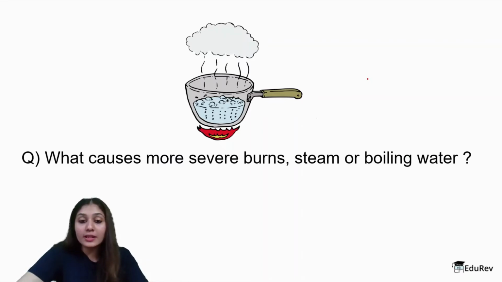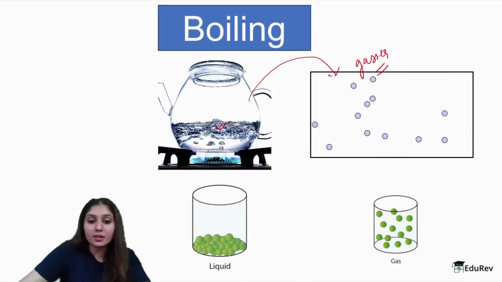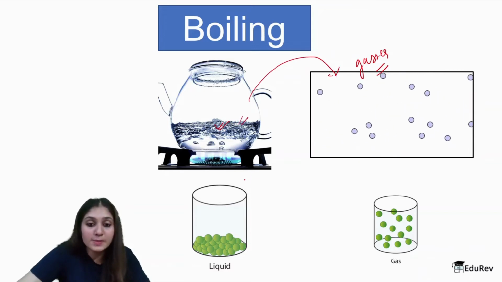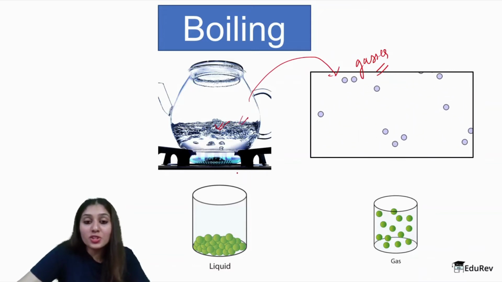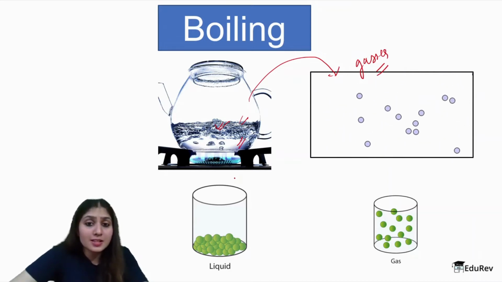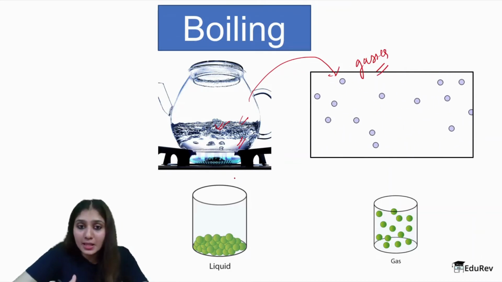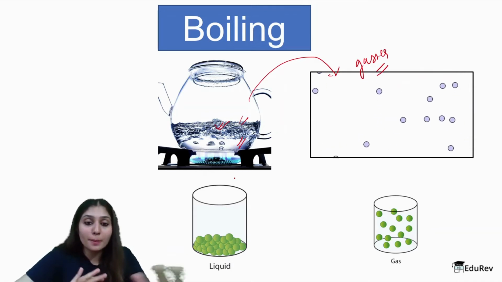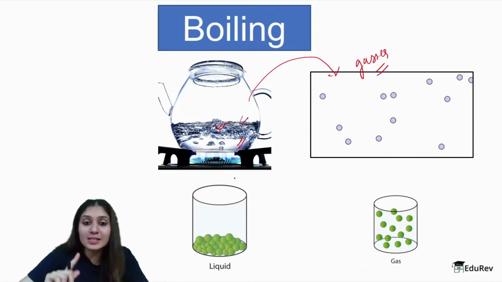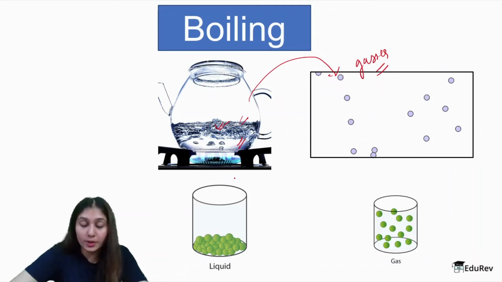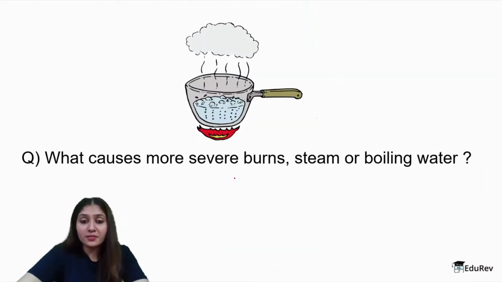As you are increasing the temperature, this pot of water is being heated, and if you measure the temperature, this water is not going to be at 100 degrees Celsius, because even though we are supplying heat, that heat is being used up in breaking of bonds and not to increase the temperature of this boiling water. So that is why, if somebody asks you a question, in fact NCERT is asking you a question, what causes more severe burns, steam or boiling water?